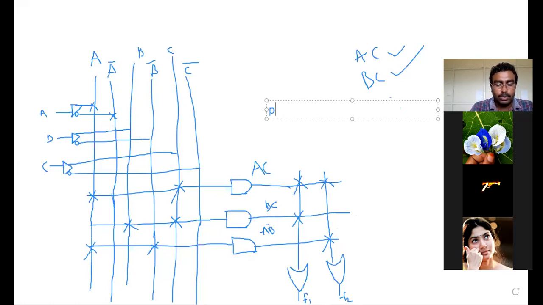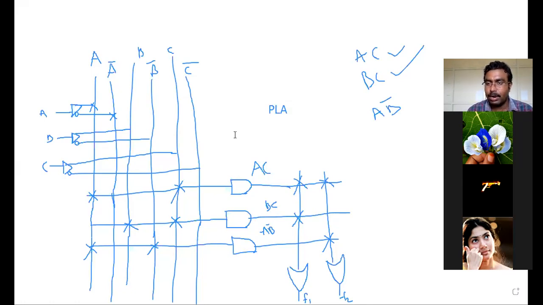Any doubts in this design part, students? No, sir. In the same way, we need to follow the design of any PLA. They may give you different functions, F1, F2 and F3, something like that. First of all, you go for the truth table. From the truth table, you go for K-map simplification, get your product terms and analyze.